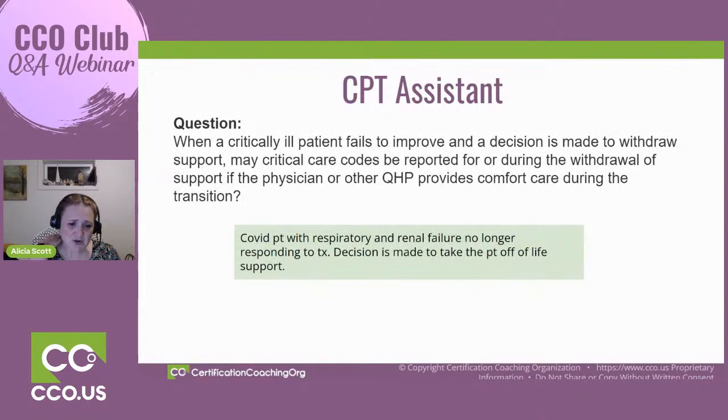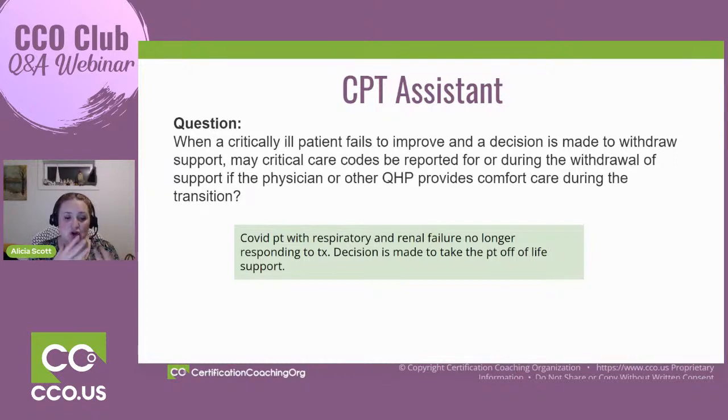The other question that came out that could be related to our COVID patients is, when you have a critical care patient and they fail to improve and the decision is made to withdraw support, can critical care codes be reported during the withdrawal of support if the physician or qualified healthcare professional provides comfort care during the transition? Now, comfort care would end up being like palliative care, which is probably the verbiage that's going to be used.